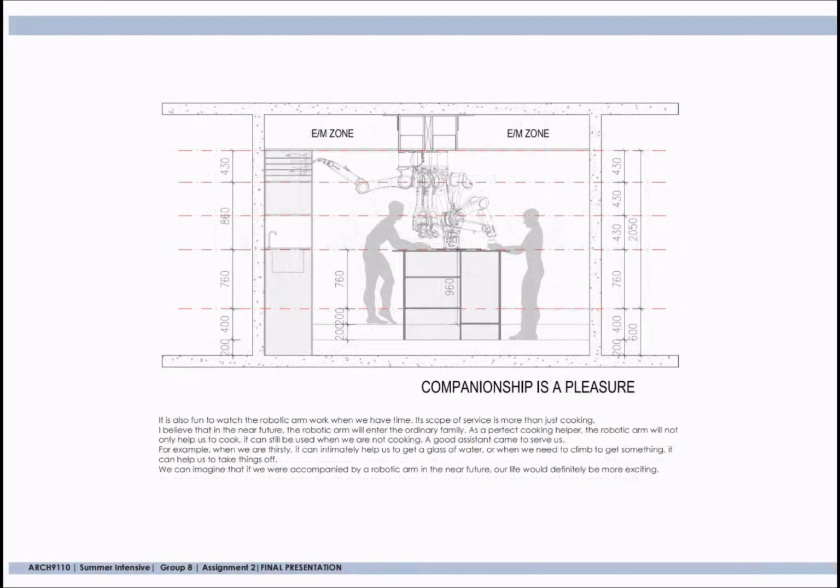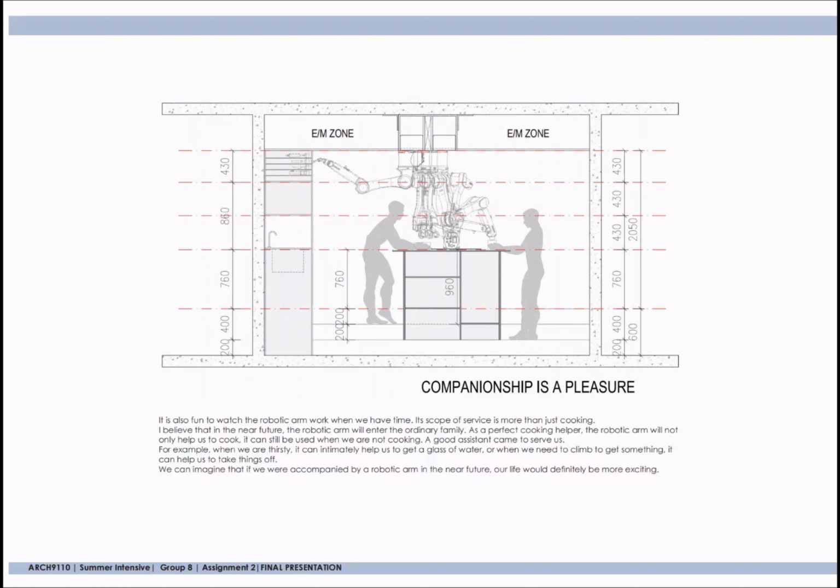Its scope of service is more than just cooking. I believe that in the near future, the robotic arm will enter the ordinary family as a perfect cooking help. But it will not only help us to cook. It can still be useful when we are not cooking, such as a good assistant to serve us.